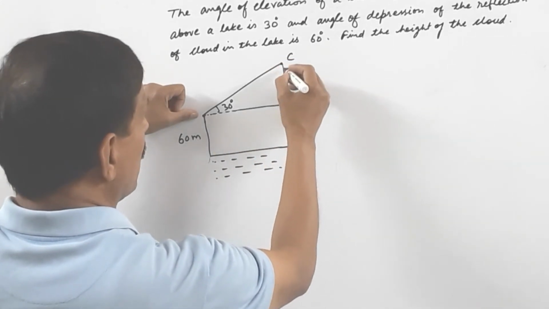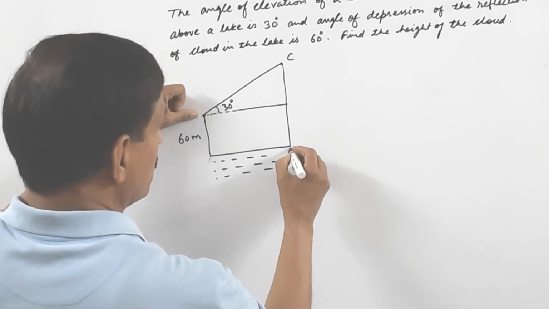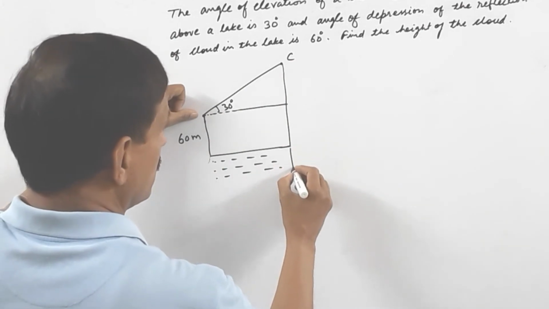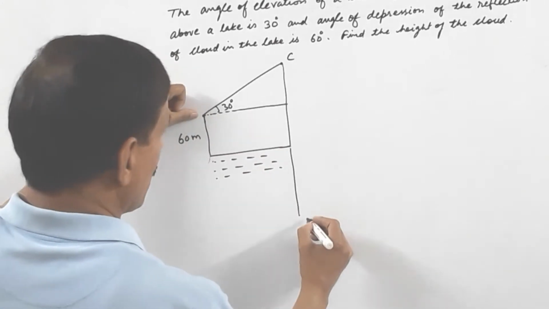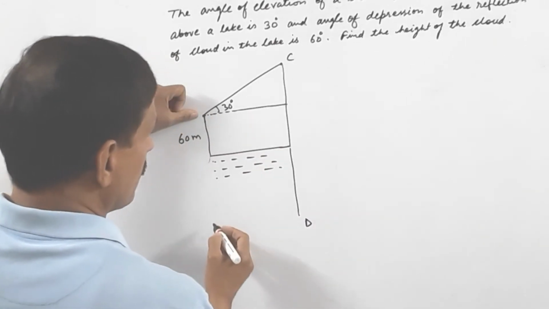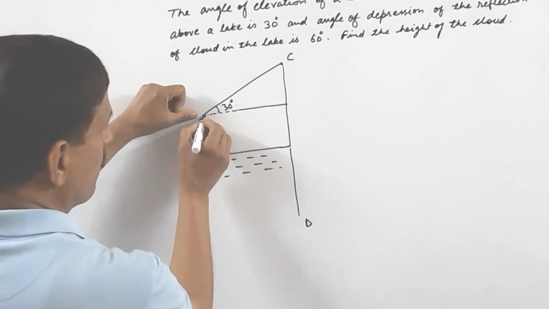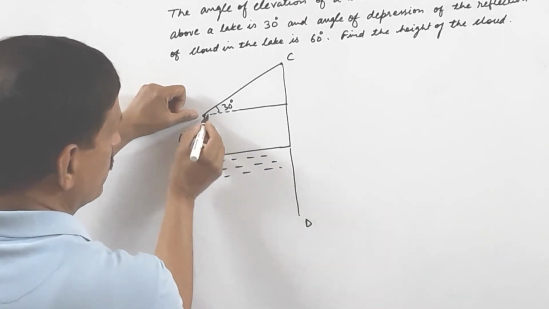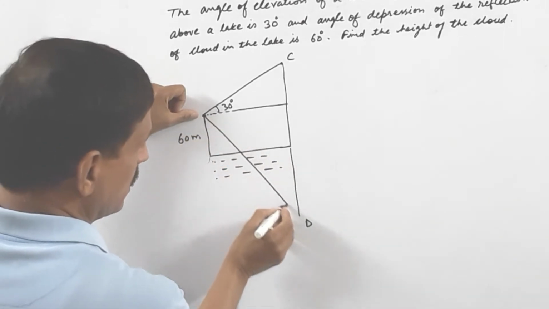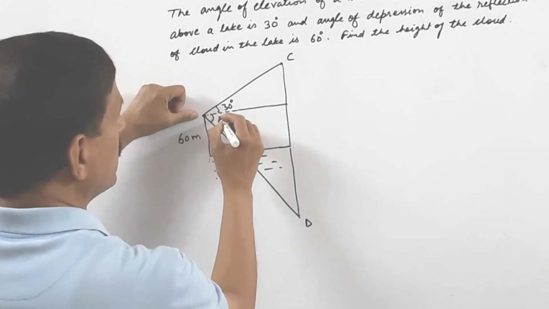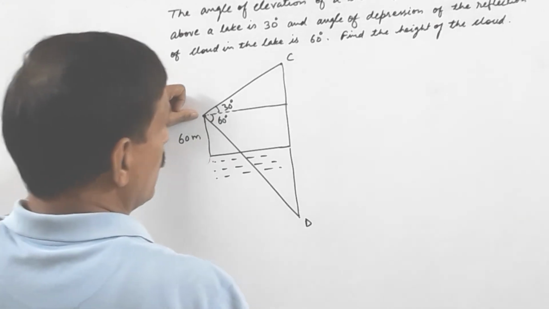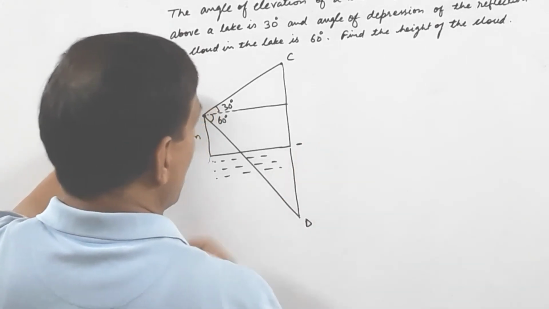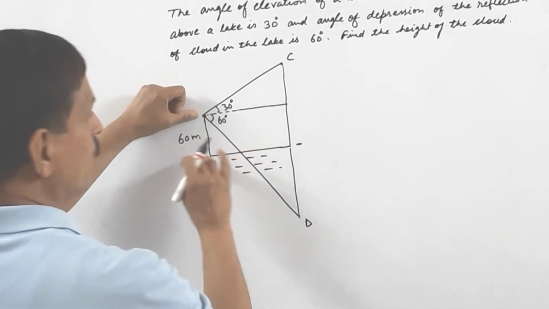The reflection of the cloud in the lake is suppose here at point D, and angle of depression of this D from this point of observation is 60 degree. We have to find the height of the cloud from the lake.